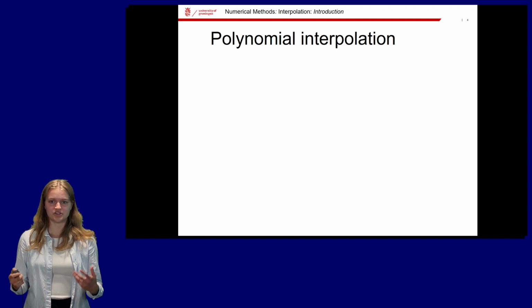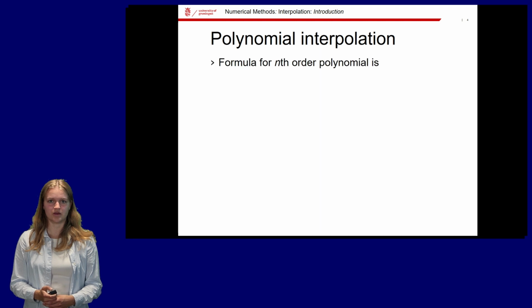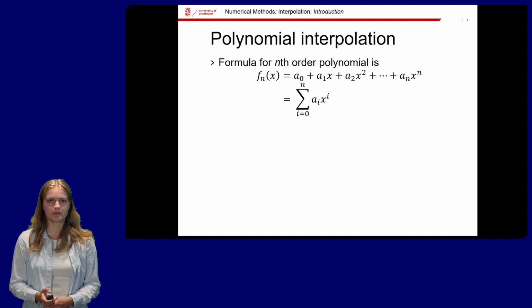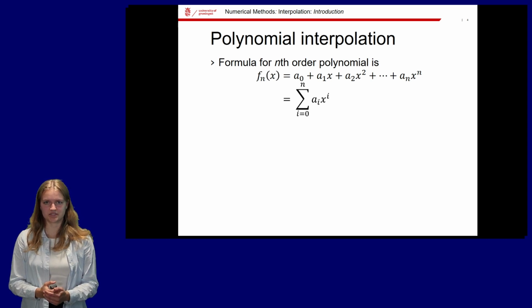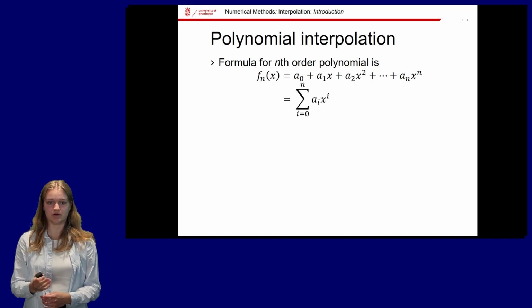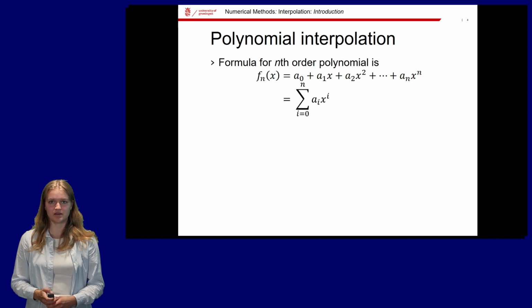Recall the general formula for an nth order polynomial: f_n(x) is equal to a0 plus a1x plus a2x squared, etc. Here we have the coefficients ai, which we multiply with x to the power i, and you can represent this in sigma notation as well, as is done underneath that.